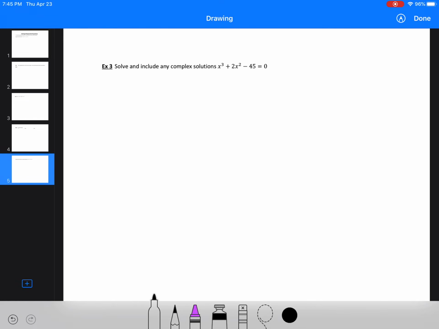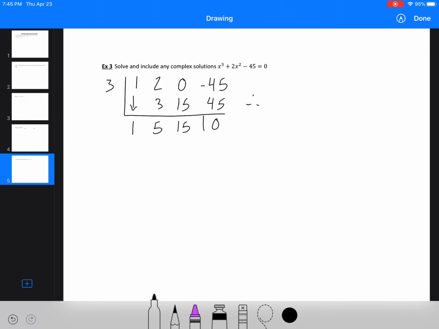Again, starting with synthetic division, we're going to have 1, 2, we need to include the 0, and negative 45. We'll go like that. Drop down the 1. Let's start with 3 this time. So 3, 5, 15, 15, 45, and 0.